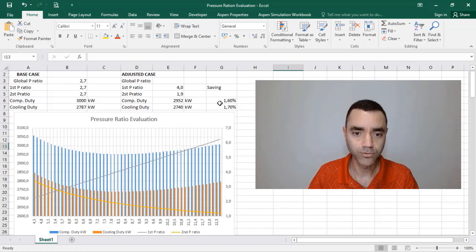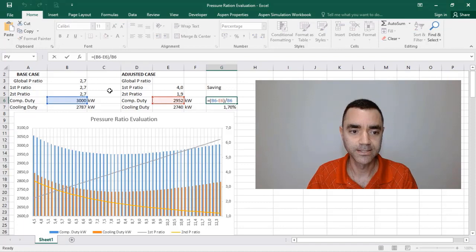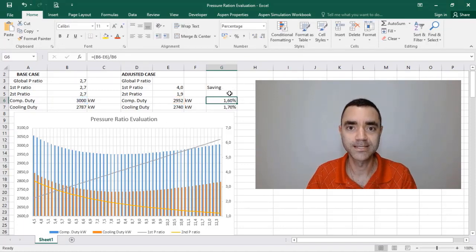And here in the calculations, we can see the savings. So I did the calculation to quantify how much is the saving in terms of power: power for compressor running and also power for the cooling.